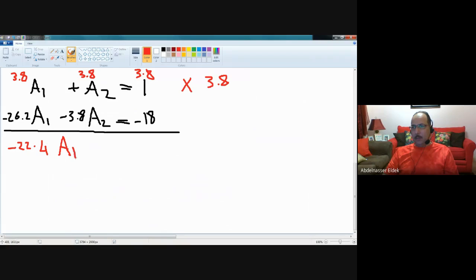A1 equals what? On the right side, negative 18 plus 3.8 will be negative 14.2. Then you divide both sides by negative 22.4 and you can calculate A1.